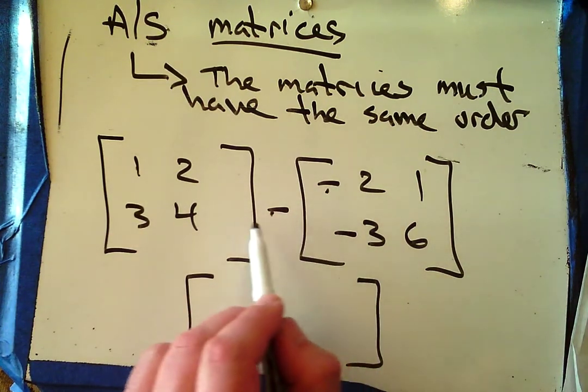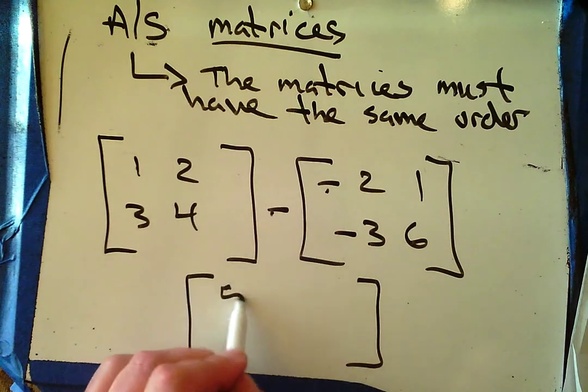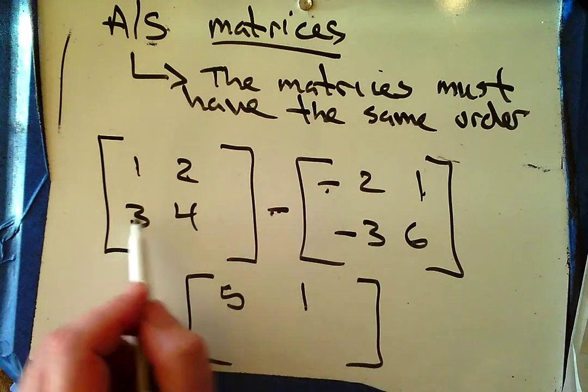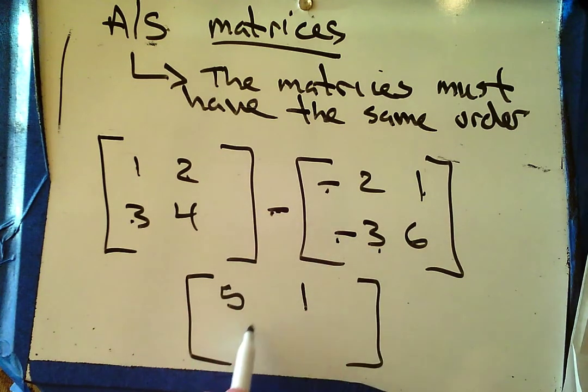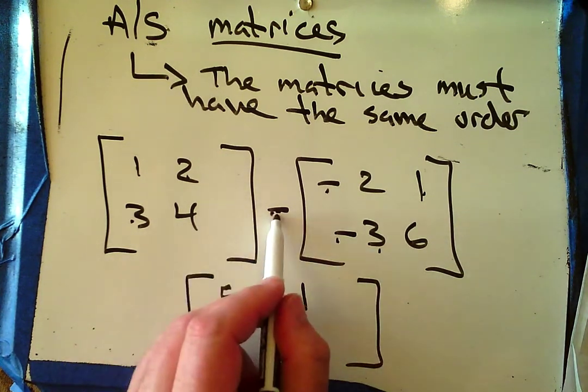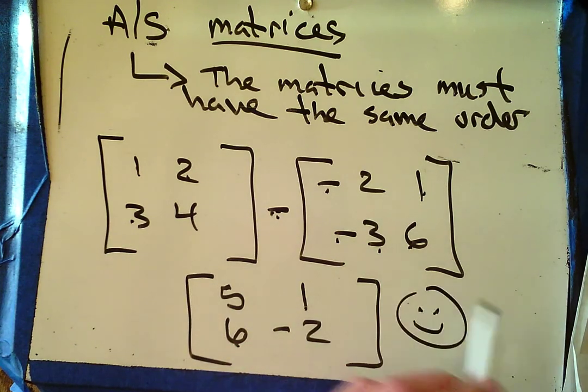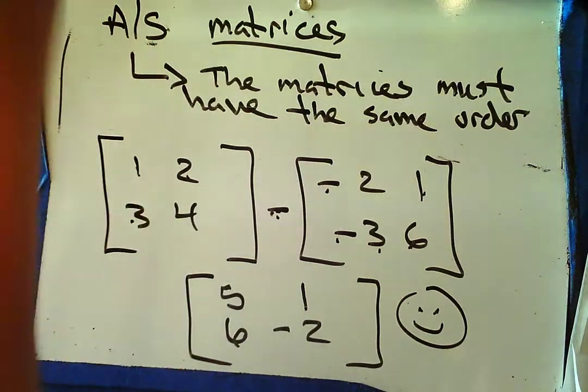Watch out for sign mistakes. So that's going to be 5. 2 minus 1. 3 minus a -3. 4 minus 6. Subtracting, done.